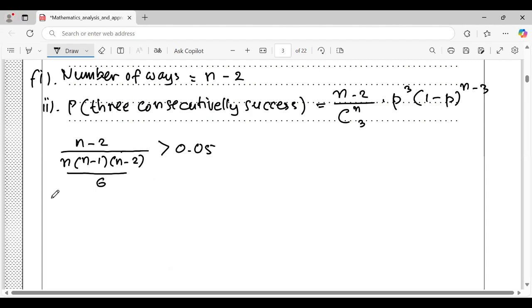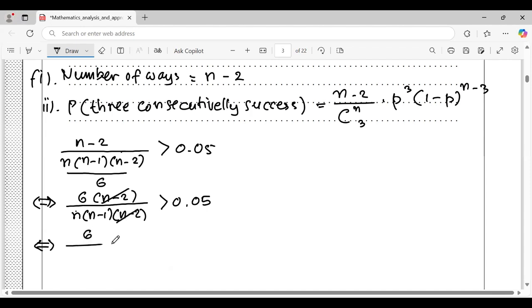Okay, after that it becomes 6 times n minus 2 over n times n minus 1, n minus 2, greater than 0.05. Divided, it becomes 6 over n times n minus 1 greater than 0.05.